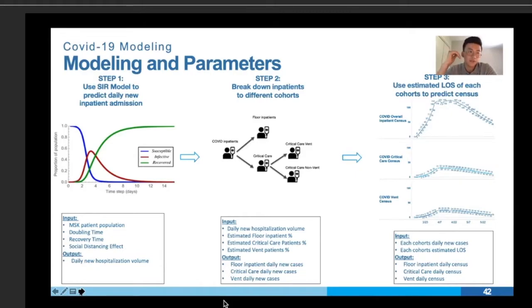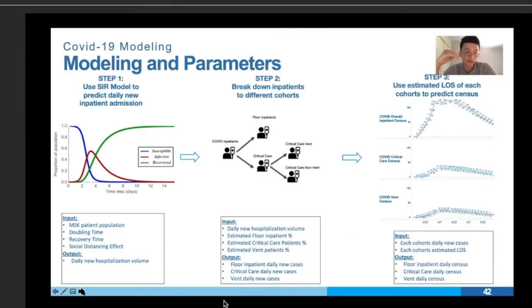So this is a very big advantage of using the SIR model. The other reason is we chose simplicity over complexity. We think the SIR model is much easier to explain compared to explaining a black box machine learning model.